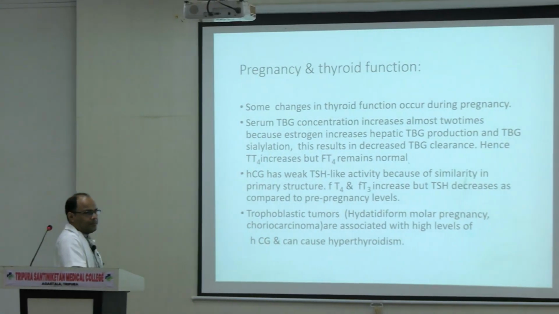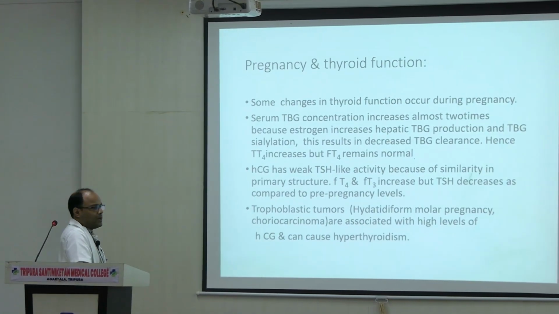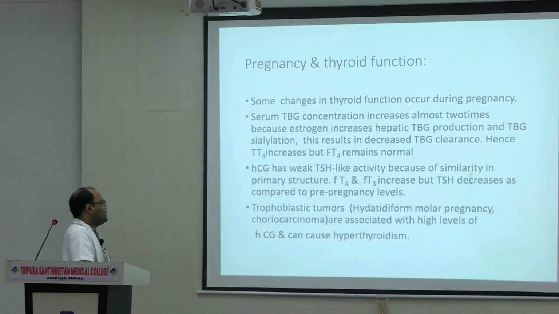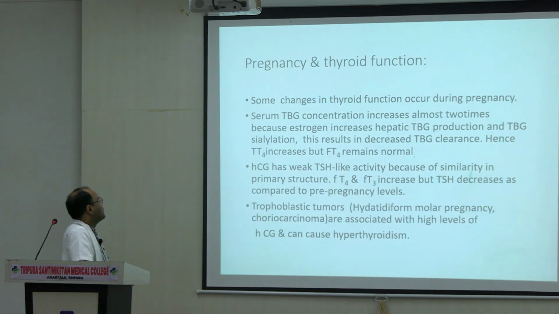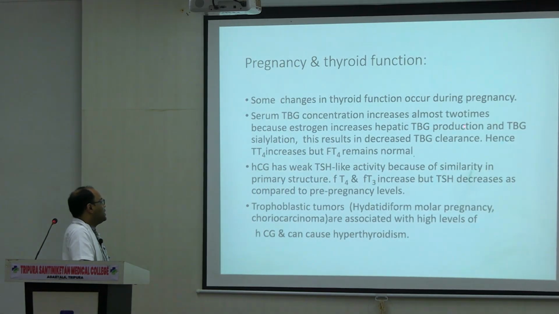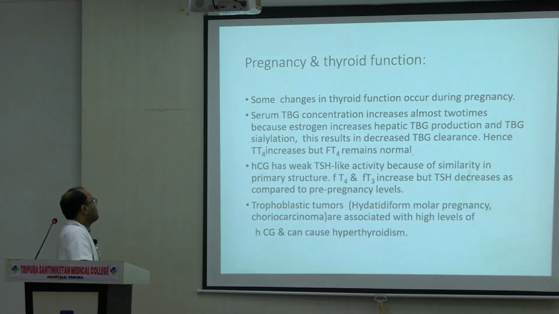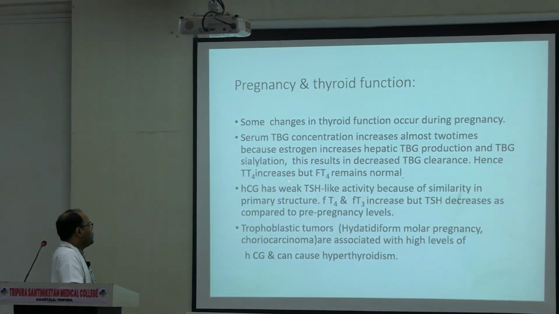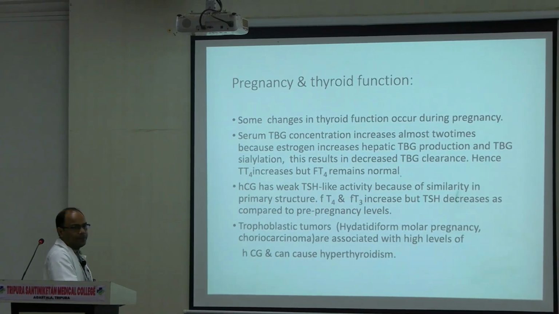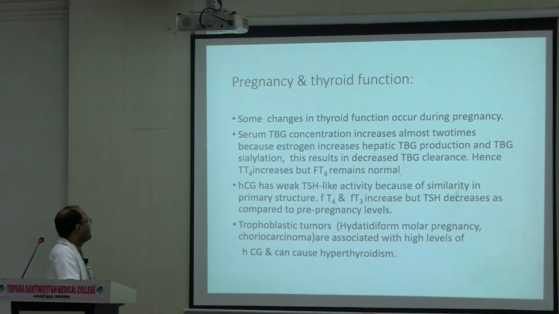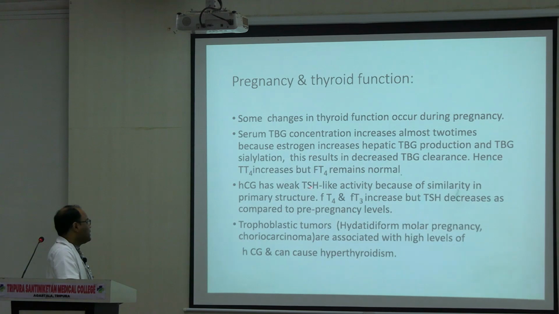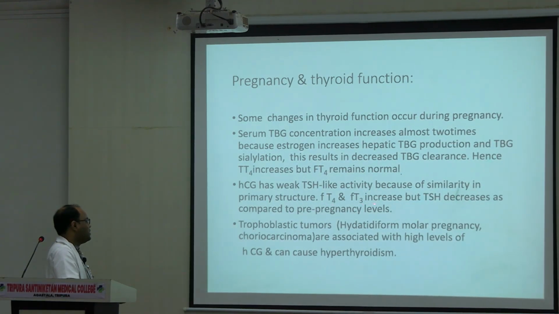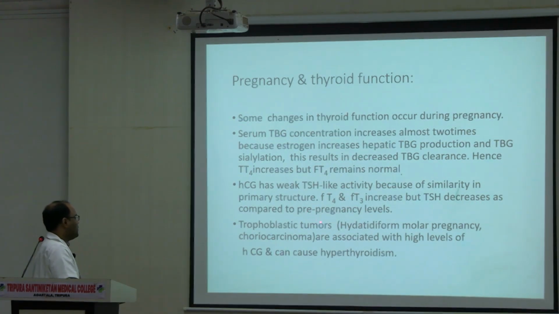Pregnancy and thyroid function. In pregnancy, some changes occur in thyroid function. Hepatic TBG production is increased because of the estrogen effect. Hence, total T4 increases but free T4 remains normal. hCG has weak TSH-like activity because of similarity in primary structure with TSH, so free T4 and free T3 increase but TSH decreases compared to the pre-pregnancy level.